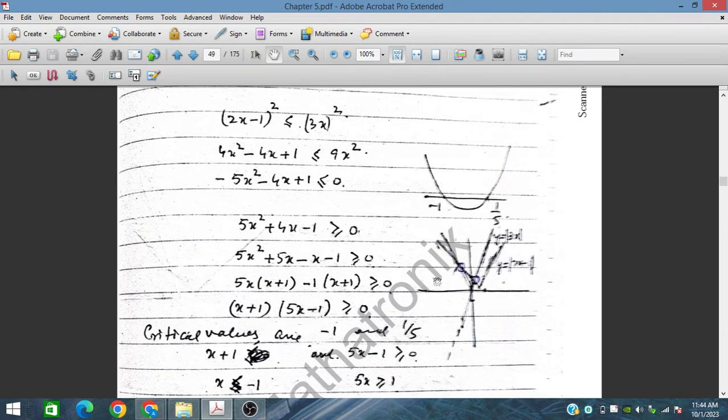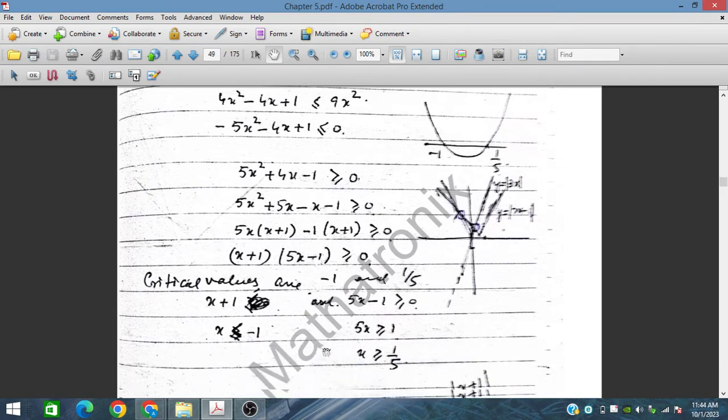So these two critical values are minus 1 and 1 over 5. So x plus 1 is greater than 0 means x is less than minus 1, and when 5x minus 1 is greater than 0, x is greater than 1 over 5.